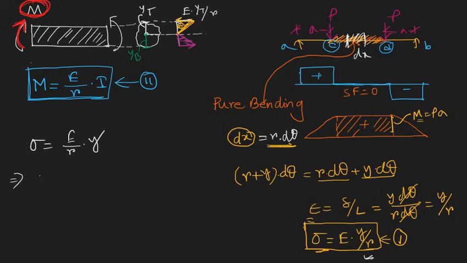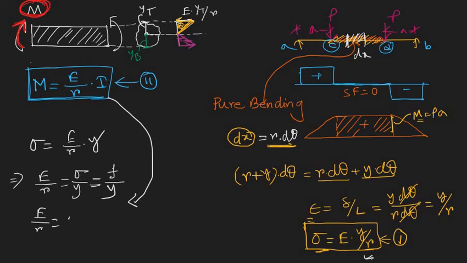From here, E by R is stress by y, where stress can also be expressed as F. Both are the same; instead of sigma we are using F. And in the other equation, E by R is M by I. So if we combine, M by I is equal to F by Y, which is equal to E by R.